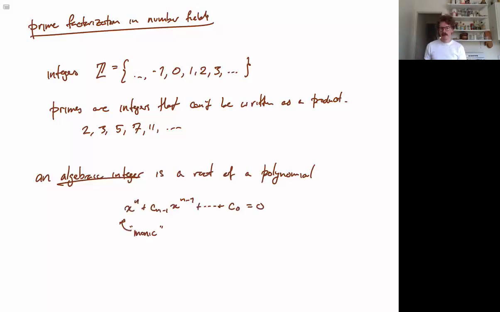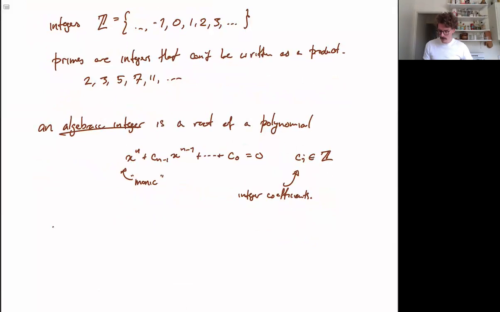That's just a word for that. And we require that the coefficients are integer coefficients. So an algebraic integer is a root of a monic polynomial with integer coefficients.